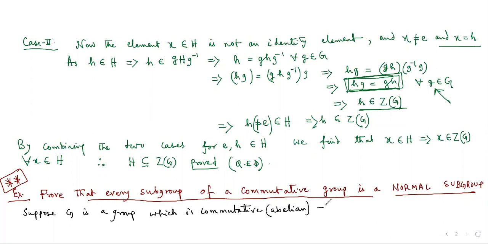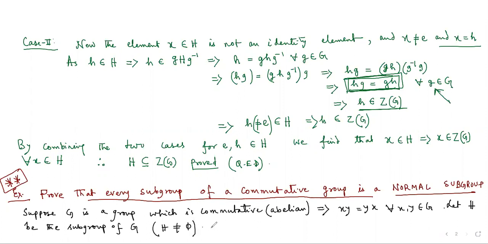Now this implies that xy is equal to yx for all x, y belonging to G. This is written because G is commutative. Now let H be the subgroup of the commutative group G, and obviously H is non-empty by definition of the subgroup.